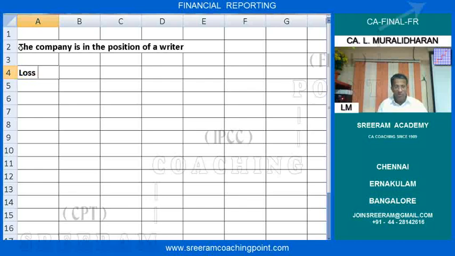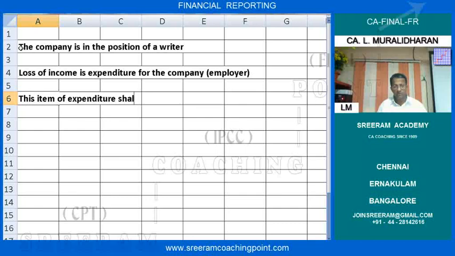So loss of income is expenditure for the company, that is the employer. Loss of income is expenditure for the company. This item of expenditure shall be spread during the vesting period. So this is the background.